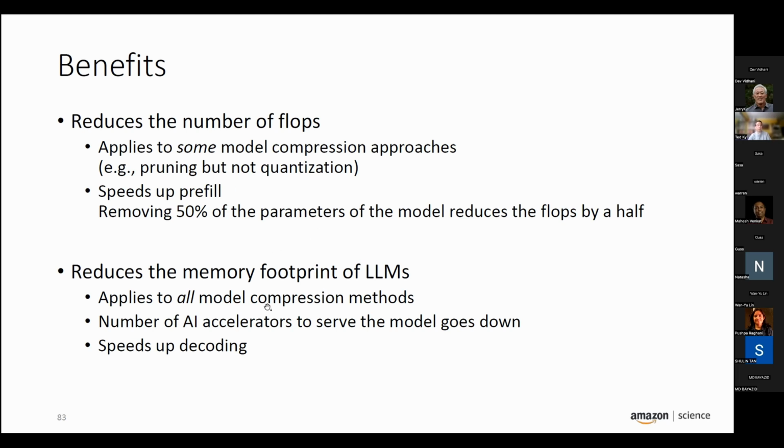So speeding up prefill and reducing memory. So you have memory in lots of different places. Memory when you're storing the weights, but then remember, every time you bring those weights in and you're doing matrix multiply and whatever, you have the opportunity to reduce the amount of memory for some of these techniques.